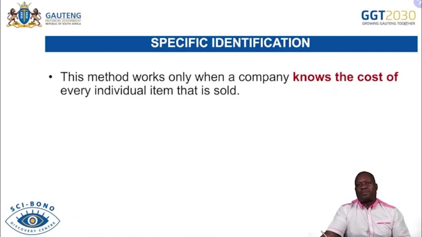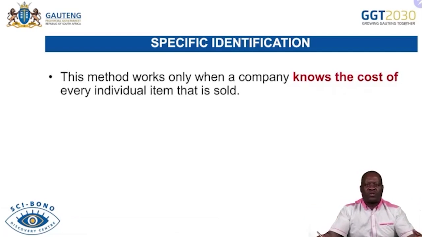Now let's go to the specific identification method. This method works only when a company knows the cost of every individual item that is sold. So you see, when we are dealing with large quantities of stock items, we cannot see or know that. But when we are dealing with things such as cars, we can.